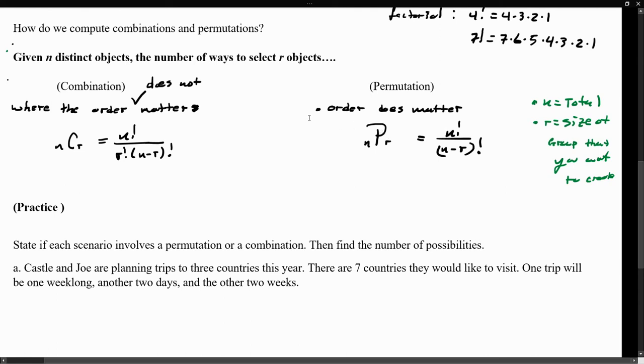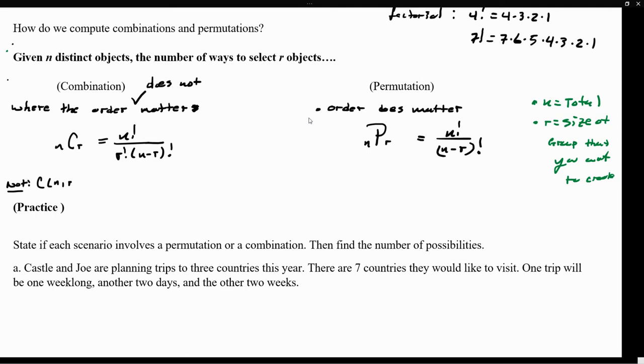Now, I want to make it clear that this is not the only notation that you might be encountering in some books. Because for combination, another notation, we could represent a combination as C parenthesis n comma r. This is just another way that we can still represent the idea of combination.